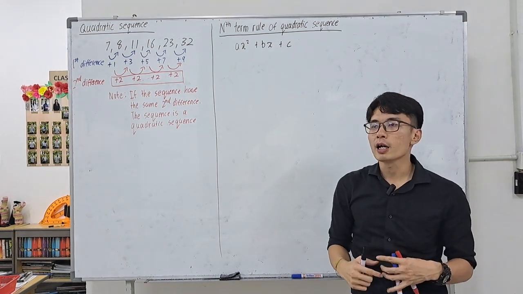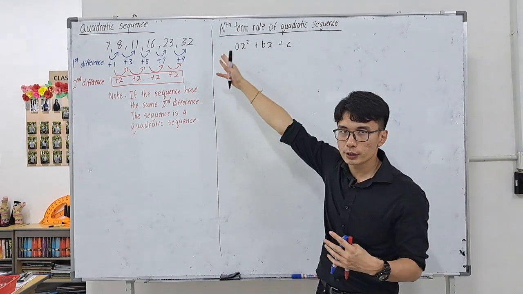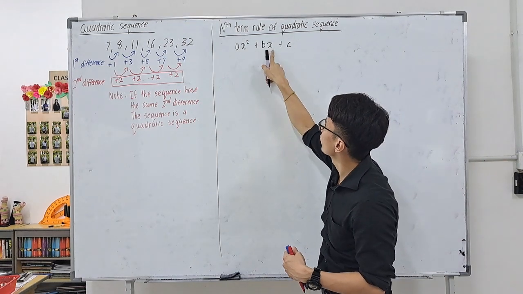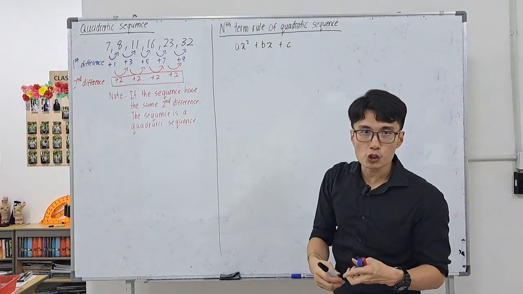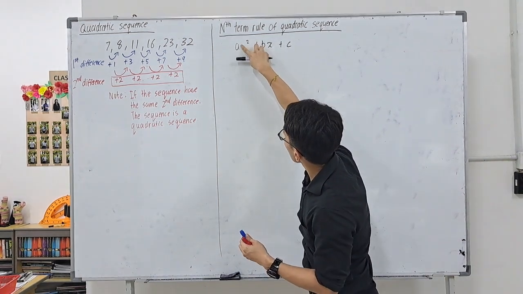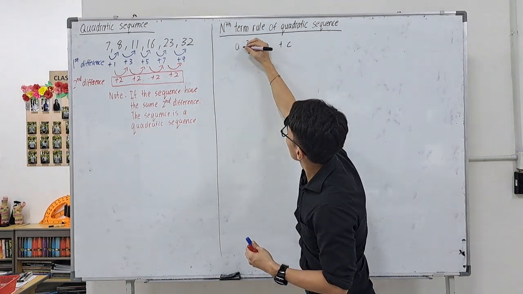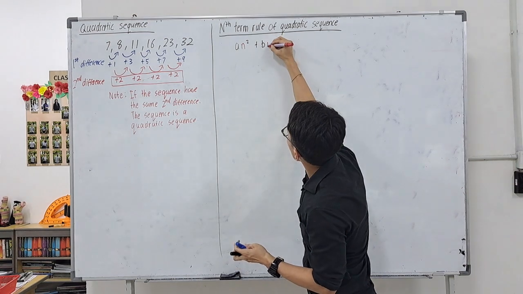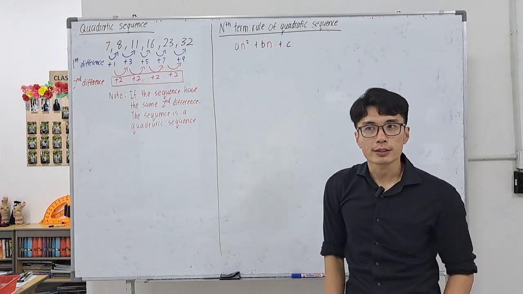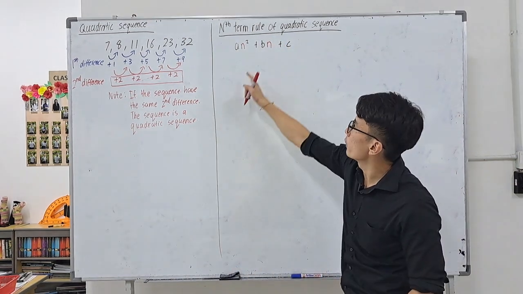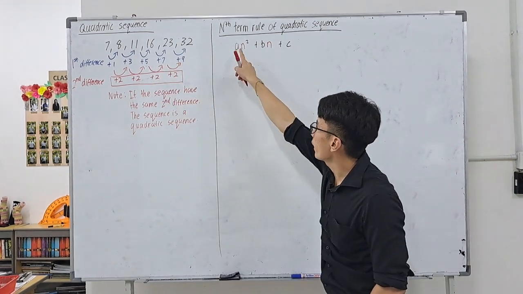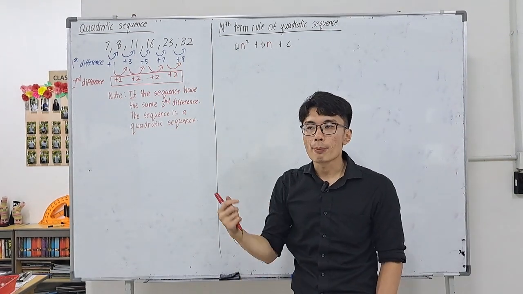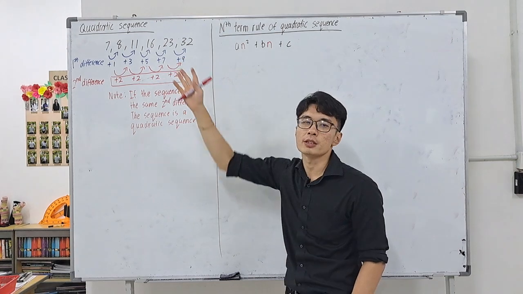But since we are interested in a quadratic sequence, instead of the x over here, we change this to n instead of x, okay? It is because we are interested in the sequence and the n over here represents the term in that sequence.